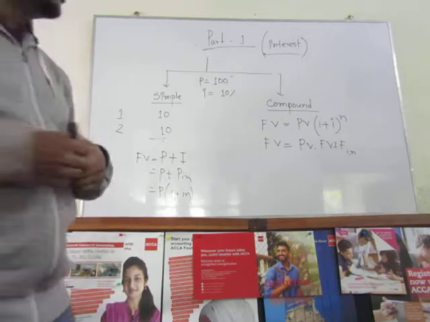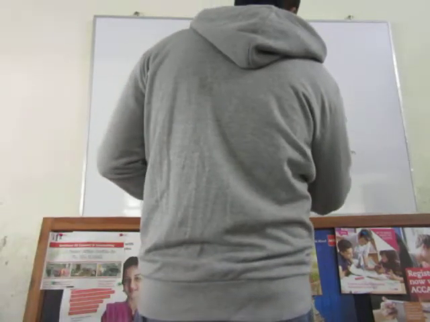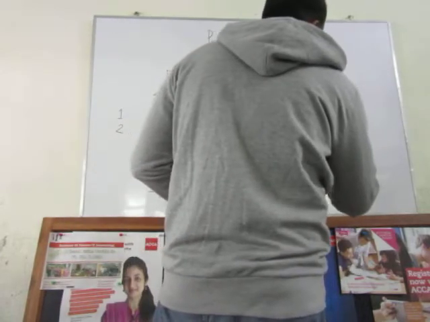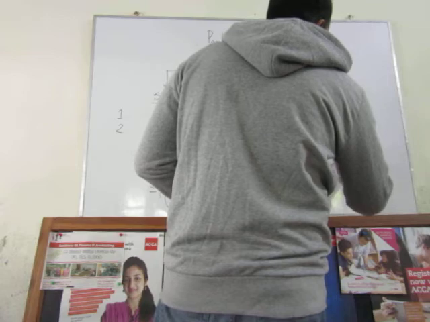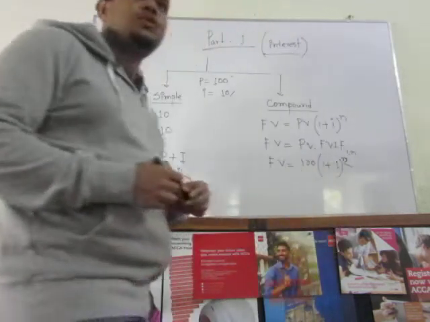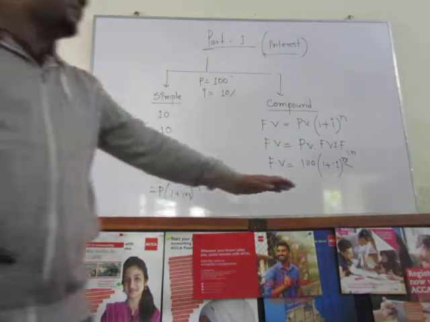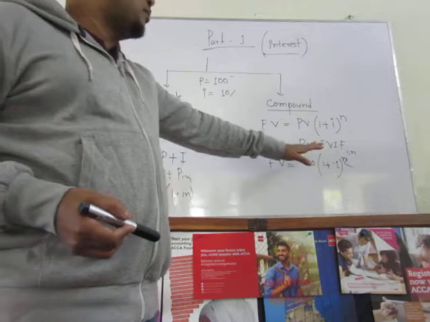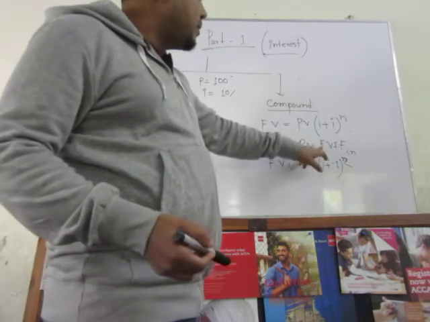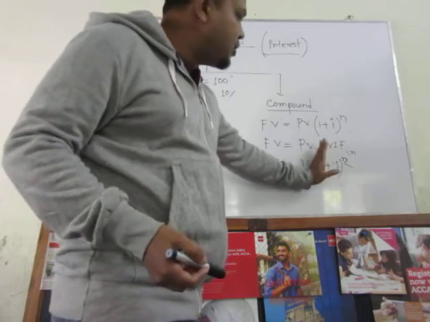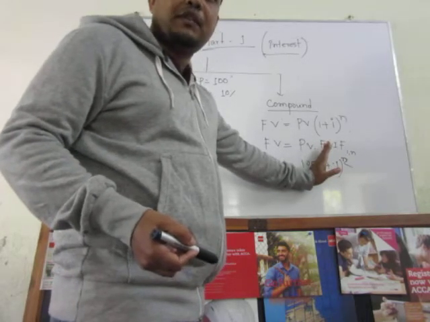In that case, your future value will be the present value, that is your investment, times 1 plus I, which means 0.1, to the power of the number of years, that is 2 years. What will be the amount? Clear? So it will provide you the expected amount. On the other hand, by using the standard table, you can find the future value interest factor, that is the value of this portion, directly.